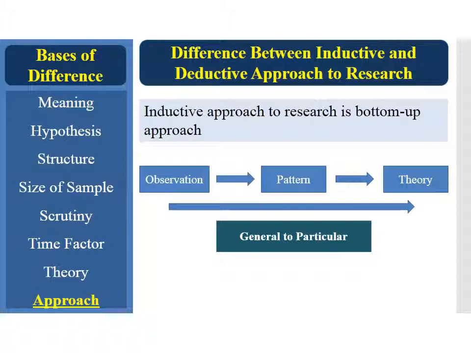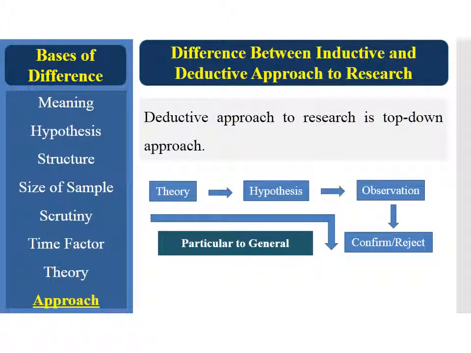It moves from general to particular, that is, observation from the general things, making a pattern, and going to a particular theory. On the other hand, deductive approach is a top-down approach, that is, theory, hypothesis, observation, and confirm or reject.